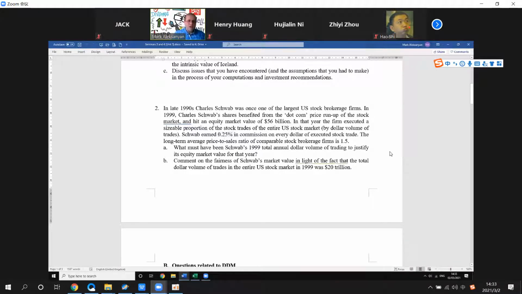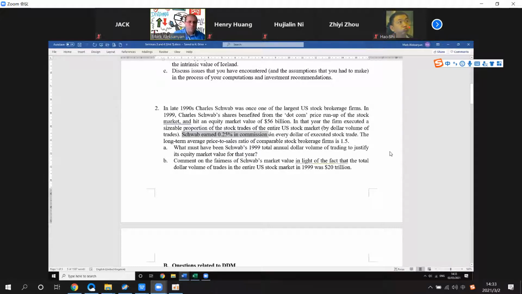And it is by accumulating these percentages, these fees that the company is charging, that the company is generating its own sales. So for a brokerage house, what is their sales? Their sales is all these commissions that they've been charging to their clients. So the question, therefore, is how much trading should this company have executed?